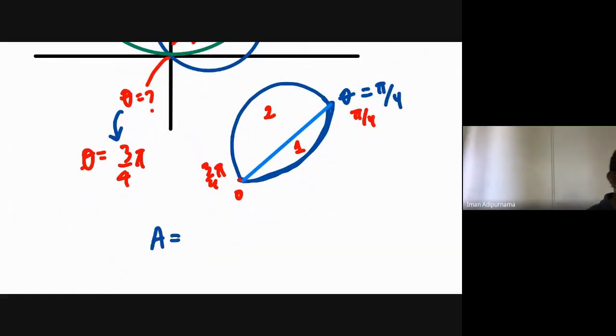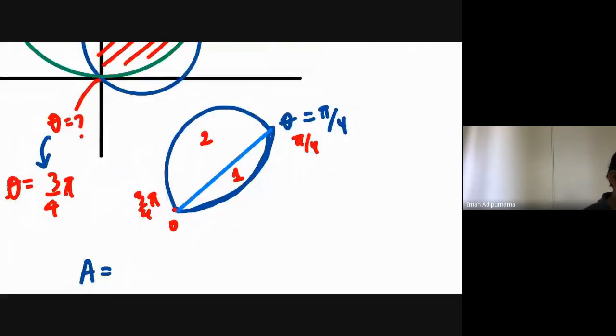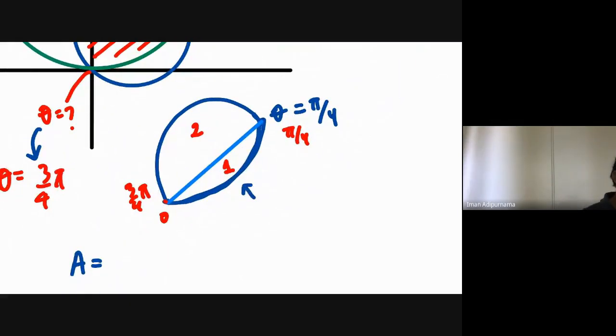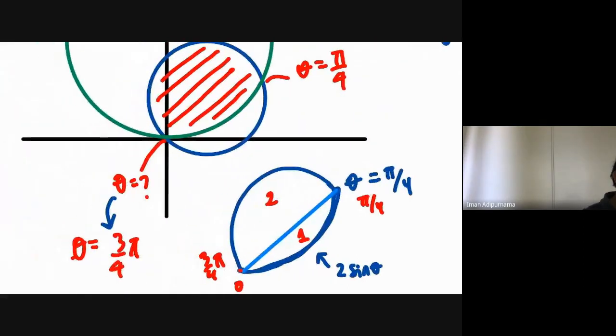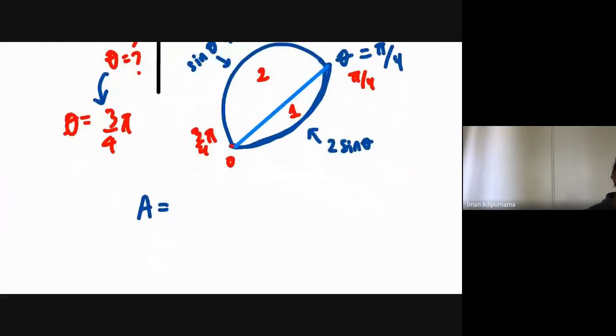So for the area, the first is the bottom one, which is 2 sine theta, and the top one is sine theta plus cosine theta, right? So the first one with theta from 0 to pi over 4.